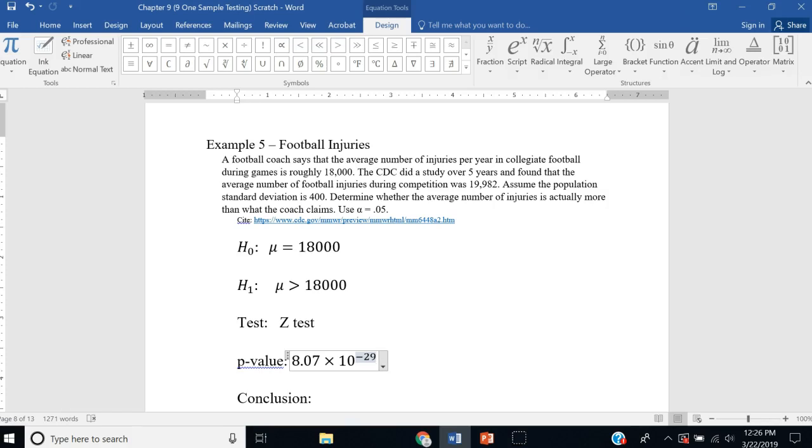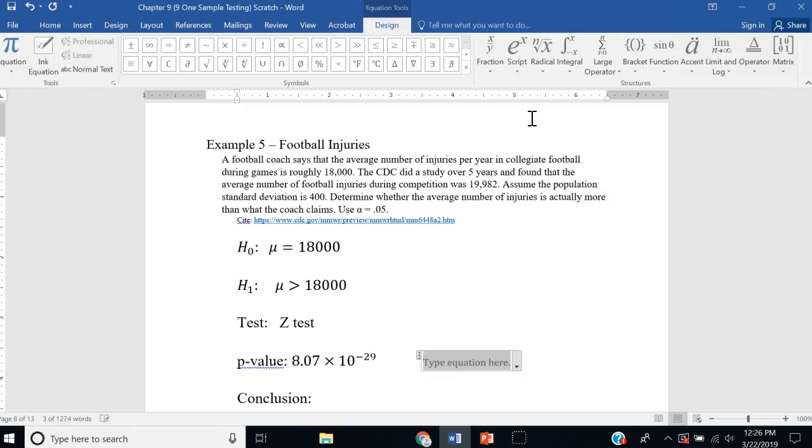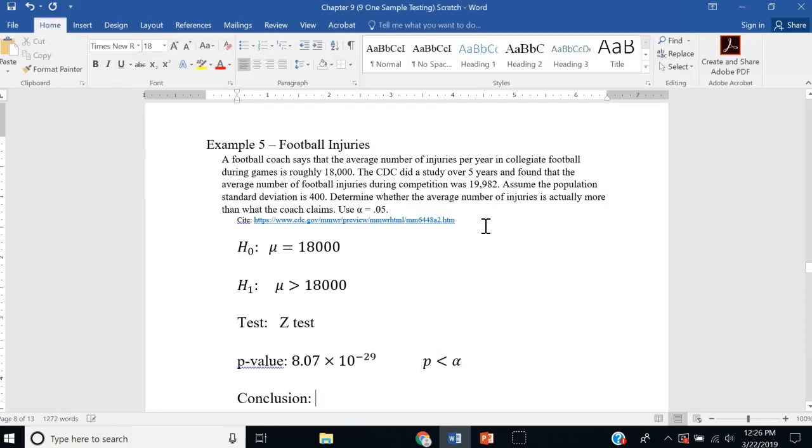So this is an extremely low number, and this happens sometimes with the p-value. Sometimes you get a p-value that's really, really low like this one. All we have to do is recognize, oh yeah, scientific notation, p is less than alpha, and so we still reject.